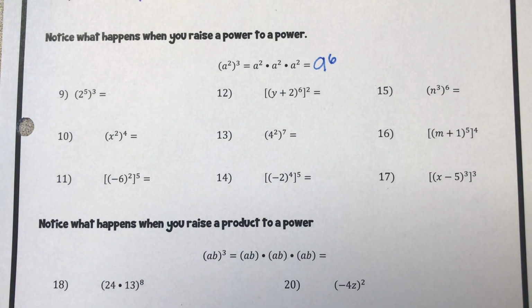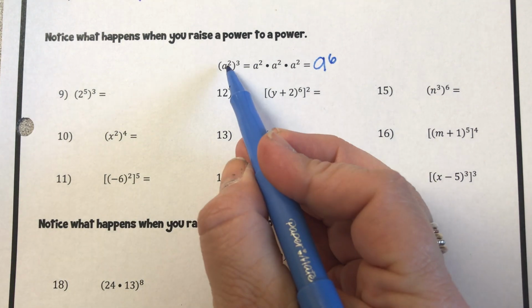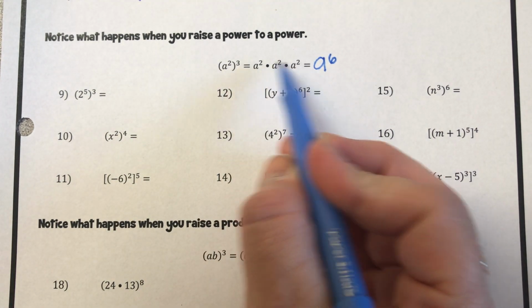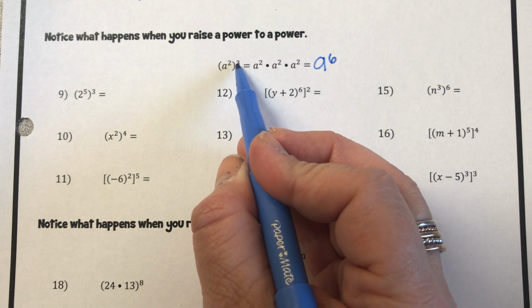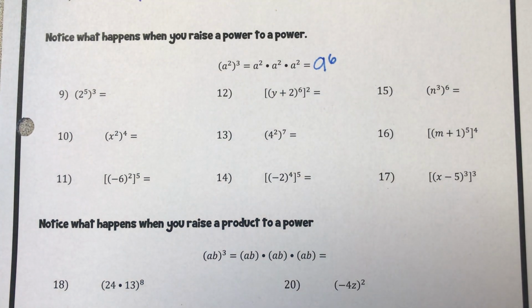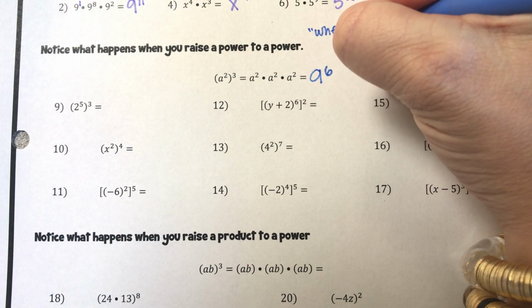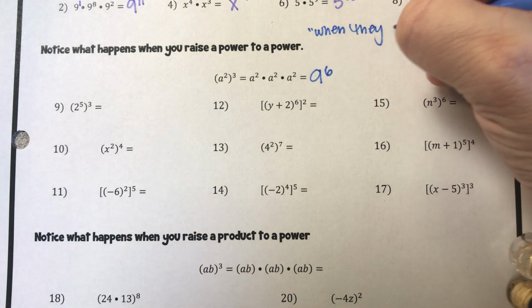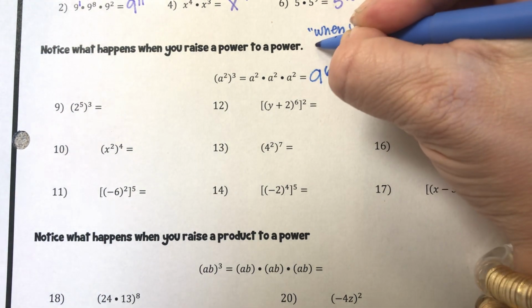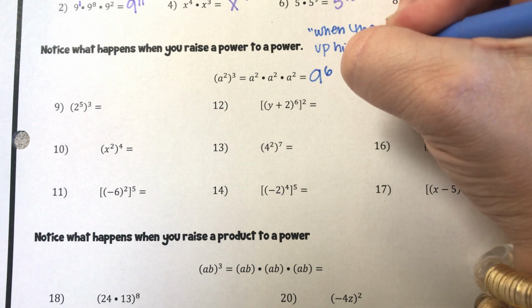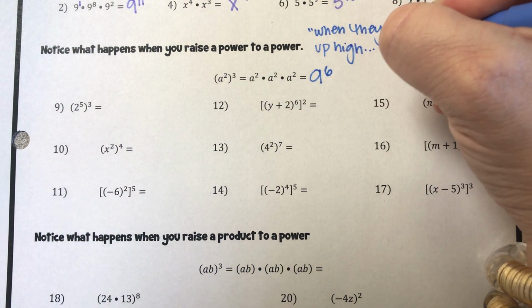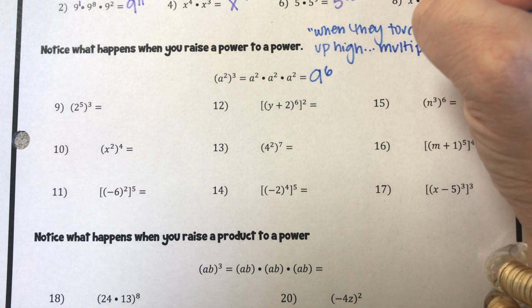Okay, and then repeated addition is the same thing as multiplication, right? So 2 plus 2 plus 2 is the same as just 2 times 3, which is 6. Okay, so the way that I learned it when I was in middle school, and I still remember it, is when they touch up high, multiply.